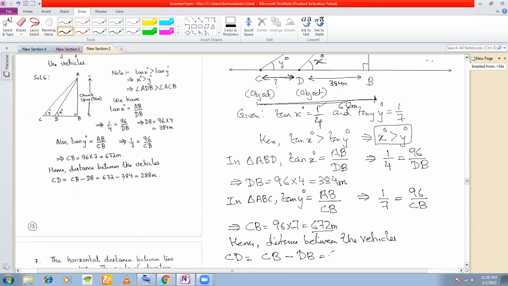CB we have found as 672 minus DB we have found as 384. We get 288 meters. And that is the required distance between the vehicles. Okay, fine. So I'll stop here.